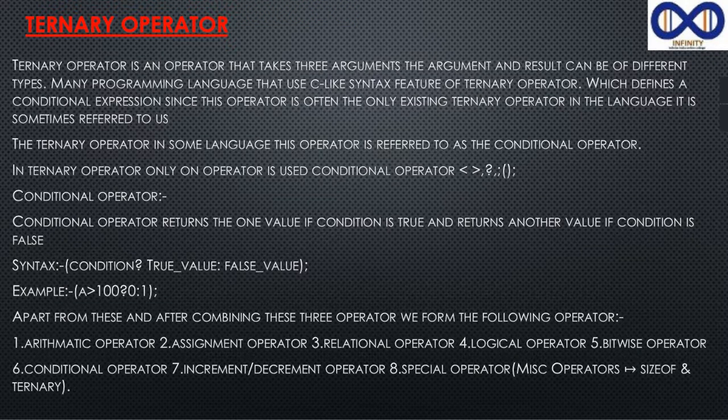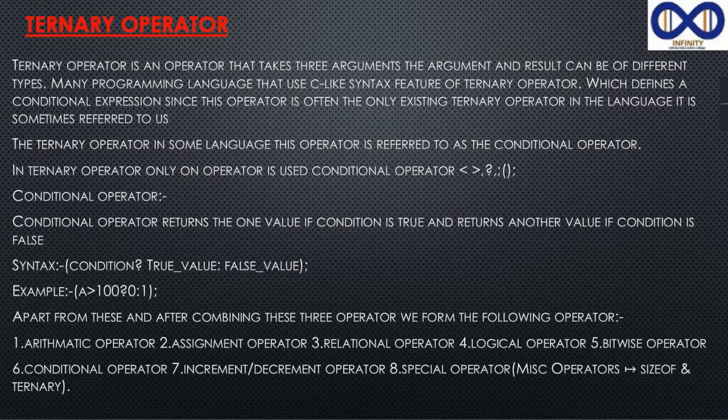The third one is the ternary operator. It is an operator that takes three arguments, and the arguments and results can be of different types. In many programming languages this operator defines a conditional expression, since it is often the only existing ternary operator in the language.